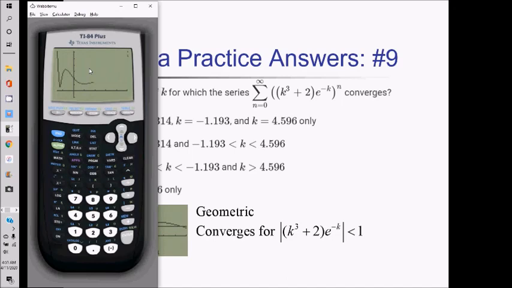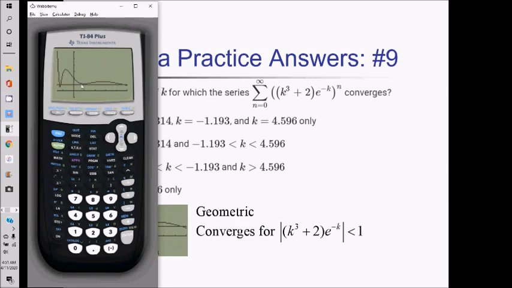Okay. So I'm trying to see where this curvy function, which is the absolute value of my common ratio, dips below the line y equals 1. So we need to know these two intersection points because there's this little interval where the absolute value is less than 1. And it looks like we're just grazing the surface but not dipping below, so that value doesn't really matter. But over here it looks like we're crossing for just a little bit of time.